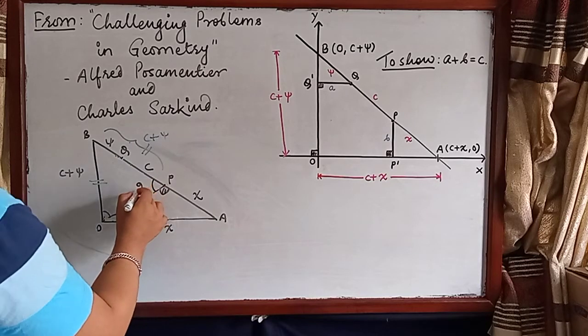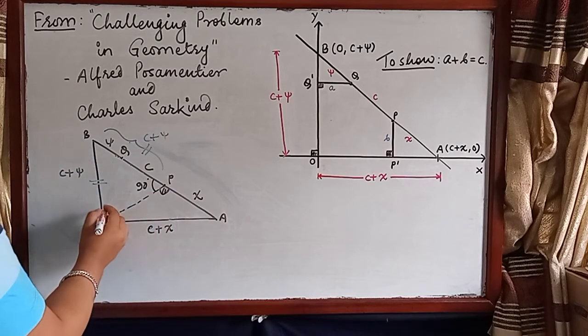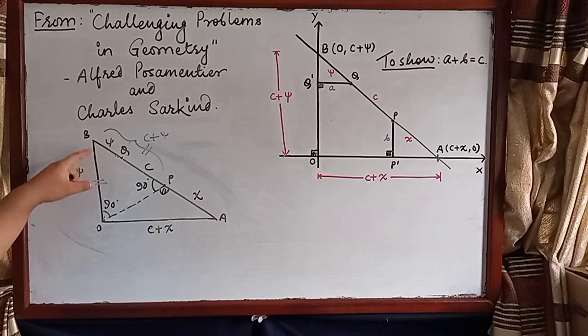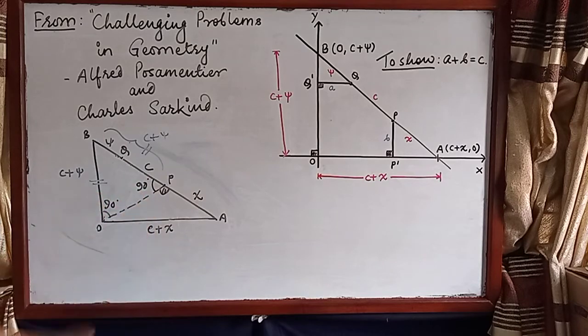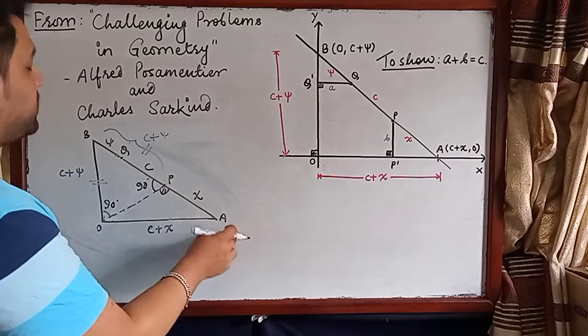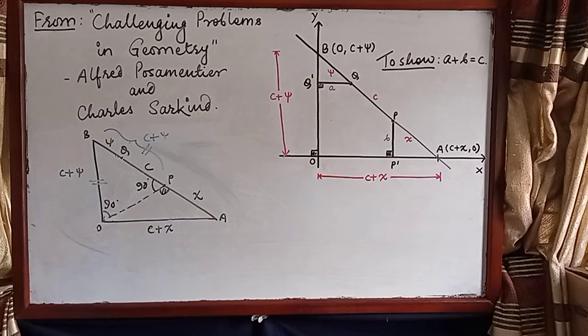But this angle is 90 degrees because OP is perpendicular to AB, as a result of which this angle is also 90 degrees. So we again have a triangle with two angles being 90 degrees, which is absurd. So we conclude that the perpendicular from the point O on the hypotenuse AB does not pass through P. This is the second observation.